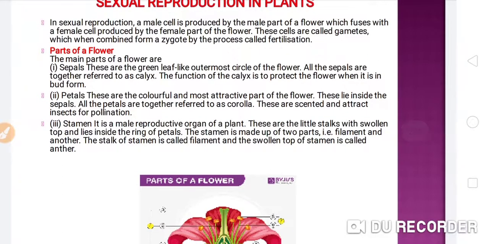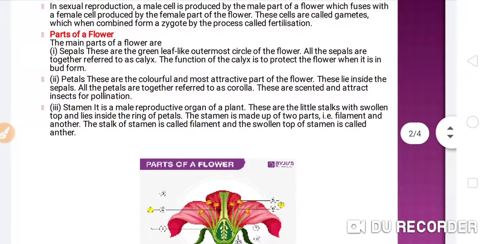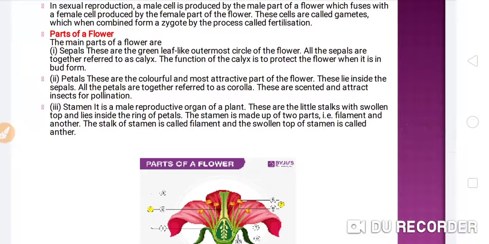Now petals, the beautiful and most attractive part of the flower, are known as the petals. These are the colorful part of the flower. These lie inside the sepals, meaning sepals are protecting the petals.